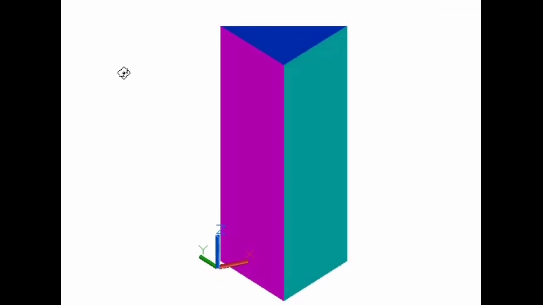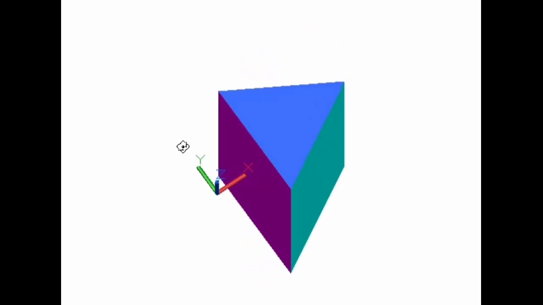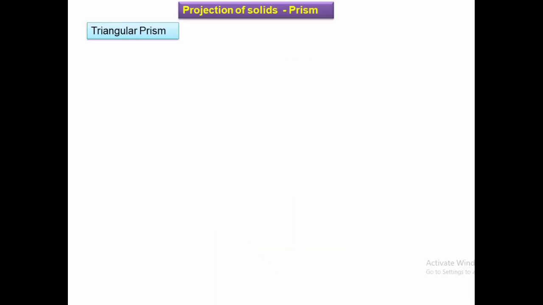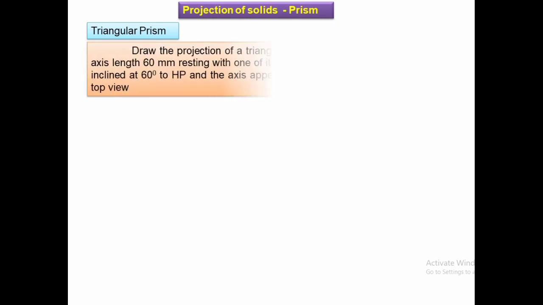Let us study how to draw the projections for different positions of the triangular prism by taking some typical exam problems.